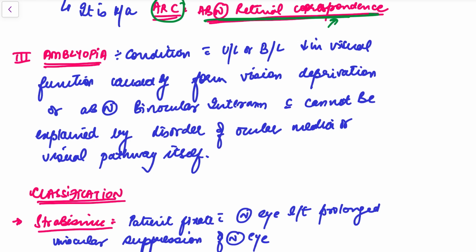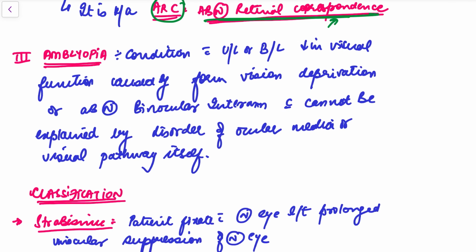And if we correct the pathology, like if we operate the patient, or if we keep the patient on conservative management like glasses or something like that, the pathology is corrected now by surgical intervention or by any conservative management, but the brain will still not receive the signal from that eye. It means that the eye has become amblyopic, right friends?